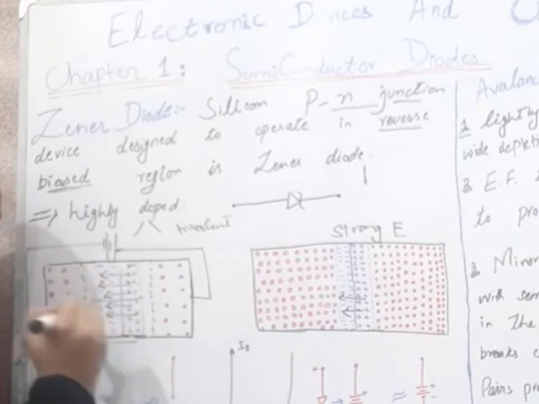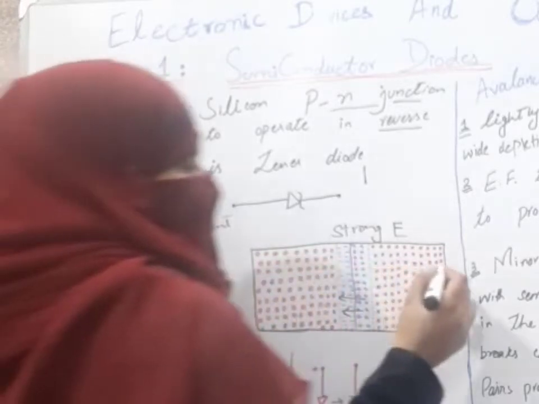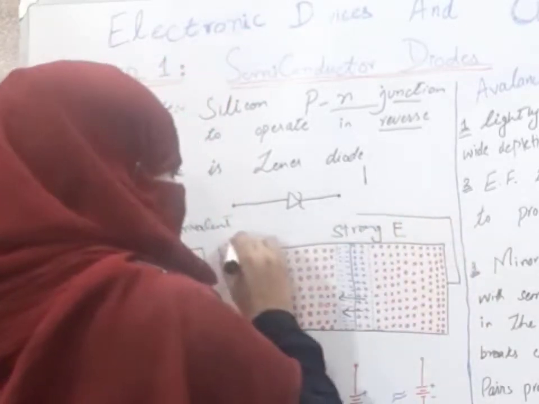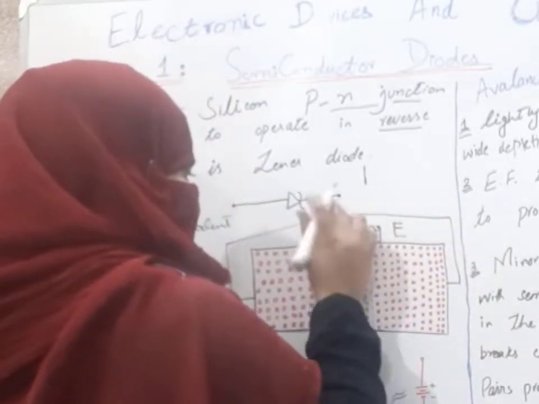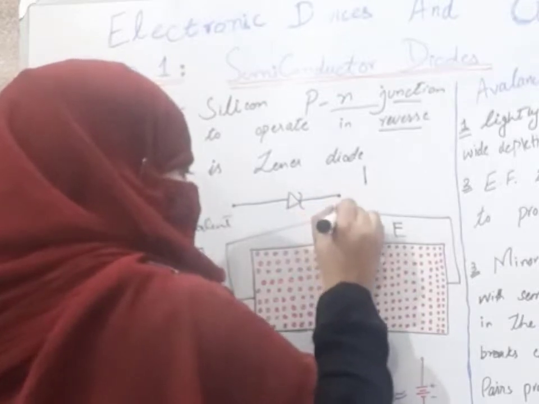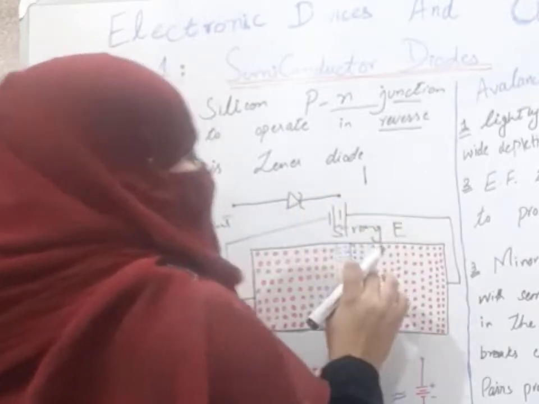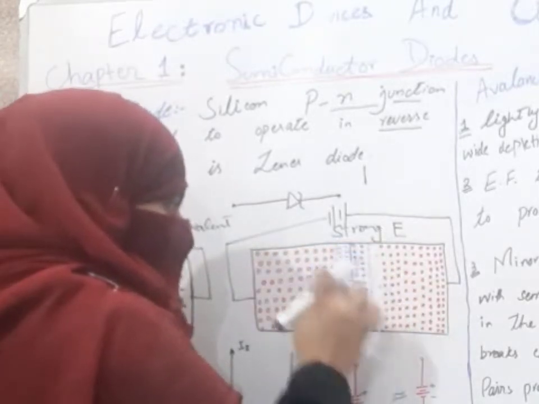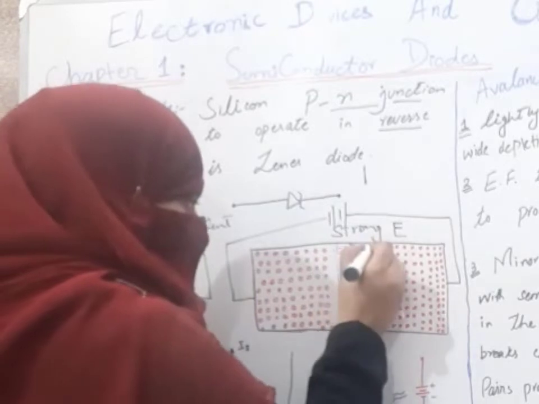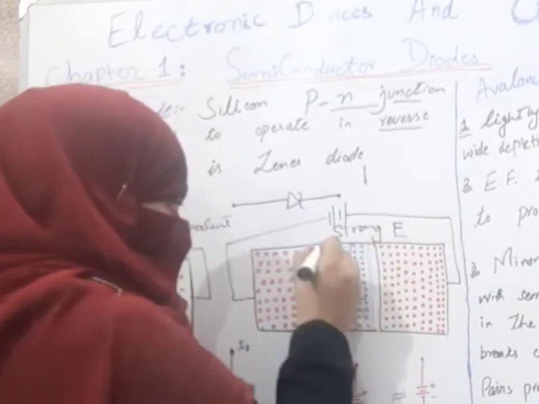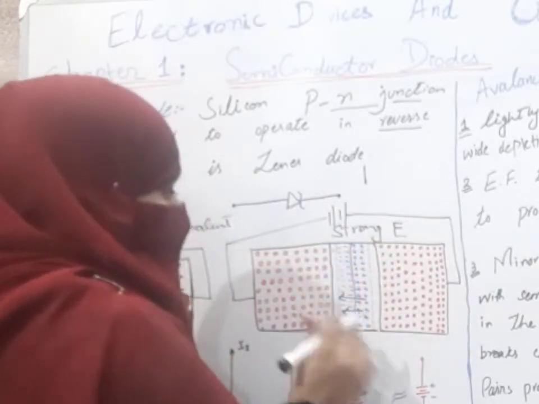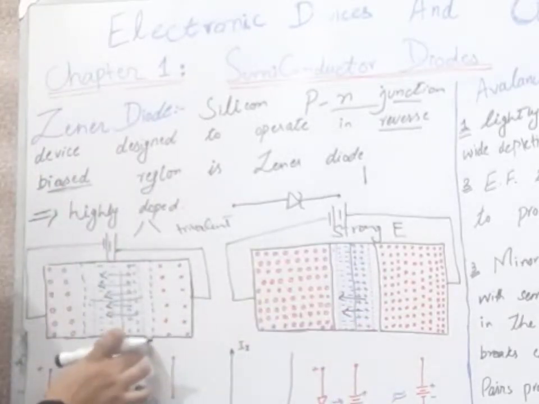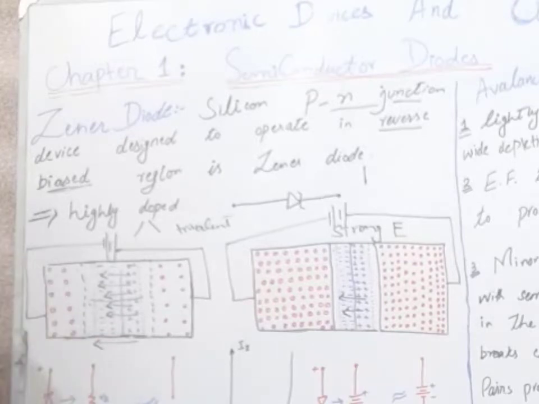And in the Zener diode, when the reverse biasing potential is applied, again the width of the depletion layer will increase. But this increase in the depletion layer in comparison to the normal diode is very small.